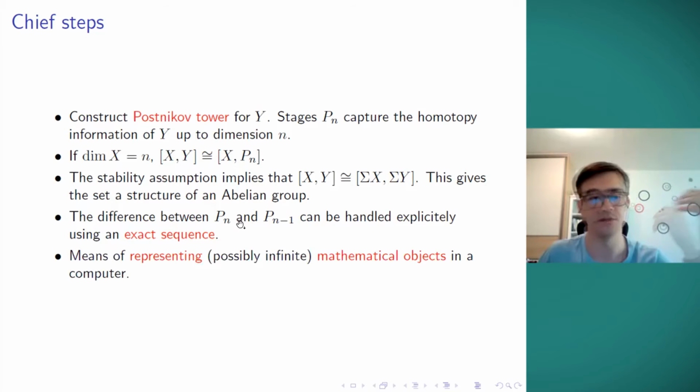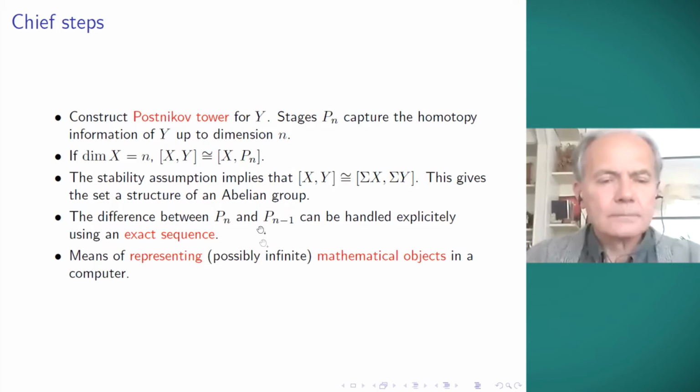Okay, and also another important tool is we somehow need to represent these mathematical objects, these stages, in a computer. So a moment ago, I said, okay, I don't want to do infinite subdivisions, that's bad. And now I'm saying I have infinite objects, and somehow I'm claiming this is much better. But somehow these mathematical objects, although infinite, can be better handled than these infinite subdivisions.